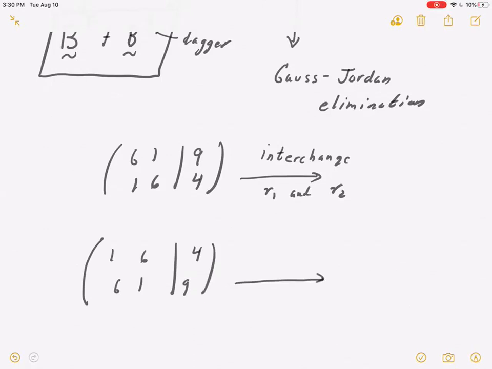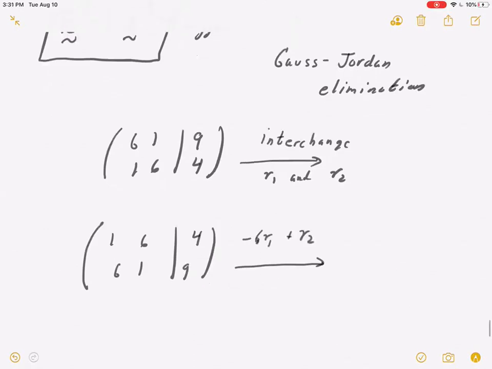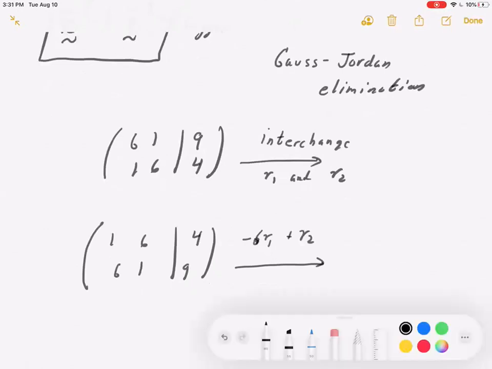Next thing I'll do is take a copy of row 1, multiply it by -6, add the result to row 2. Make that a little clearer. What's going on?